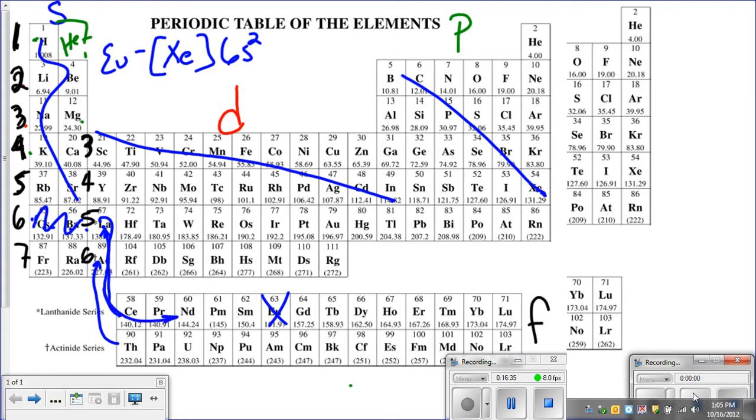So D block would be 5d. That means this is even closer because the Fs are even smaller than the Ds. So this is actually 4f. Now I just got to count over. 4f1, 4f2, 4f3, 4, 5, 4f6. That would be the electron configuration of europium.